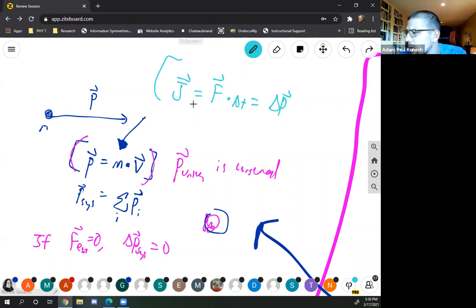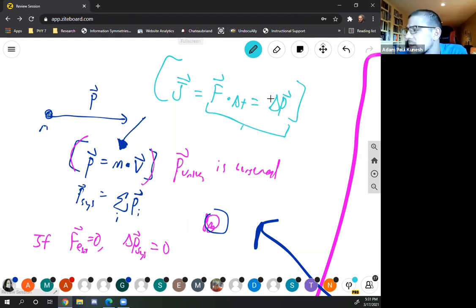So this is a very general equation. I can use it on the system scale, and I can also use it when thinking about individual elements in a system. Force times delta t gives me changes in momentum. That's the key takeaway.